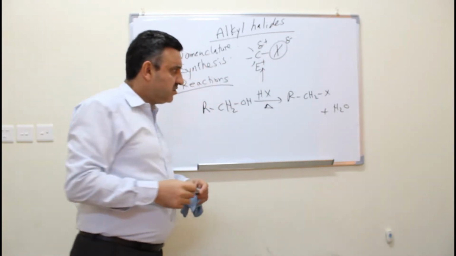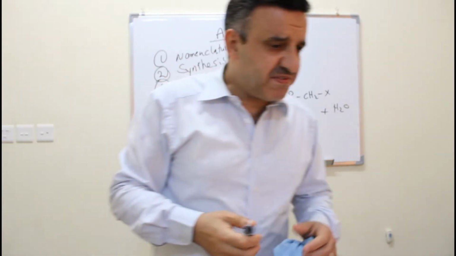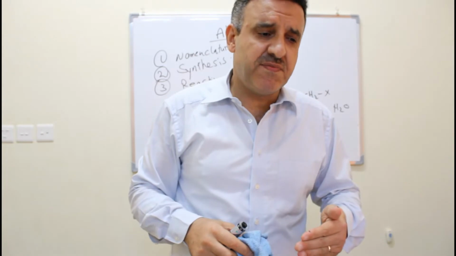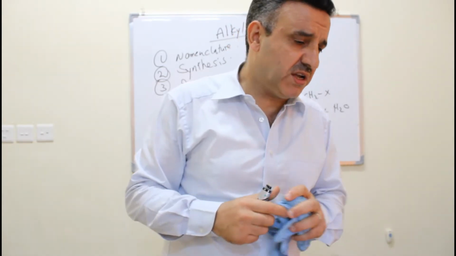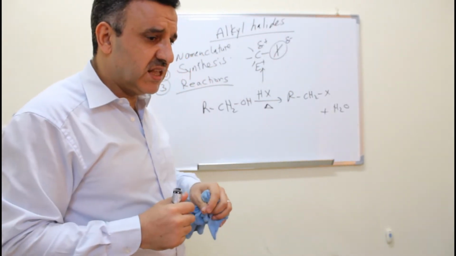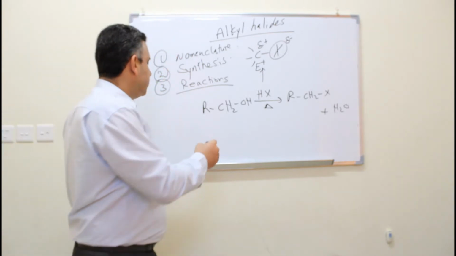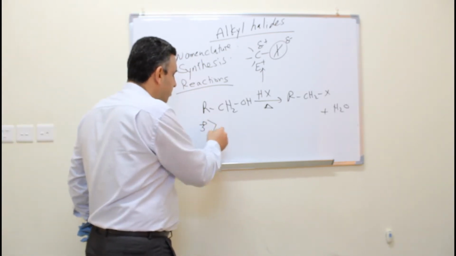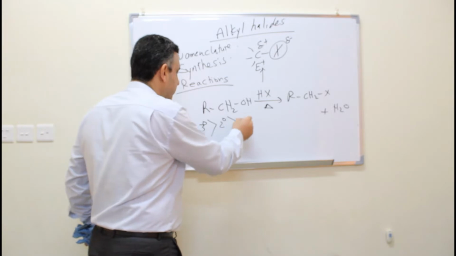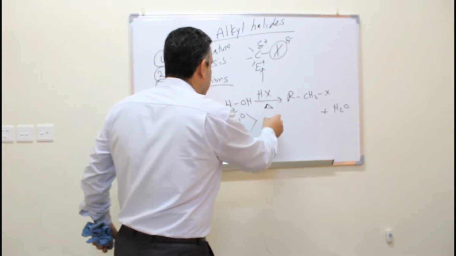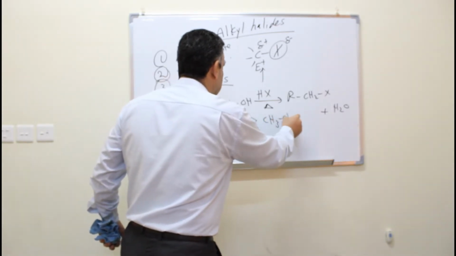This reaction is affected by the nature of the alcohol we are talking about. As you can see in the slide, generally speaking, tertiary alcohols are more reactive than secondary, more than primary alcohol, than methyl alcohol, which is methanol in this case.